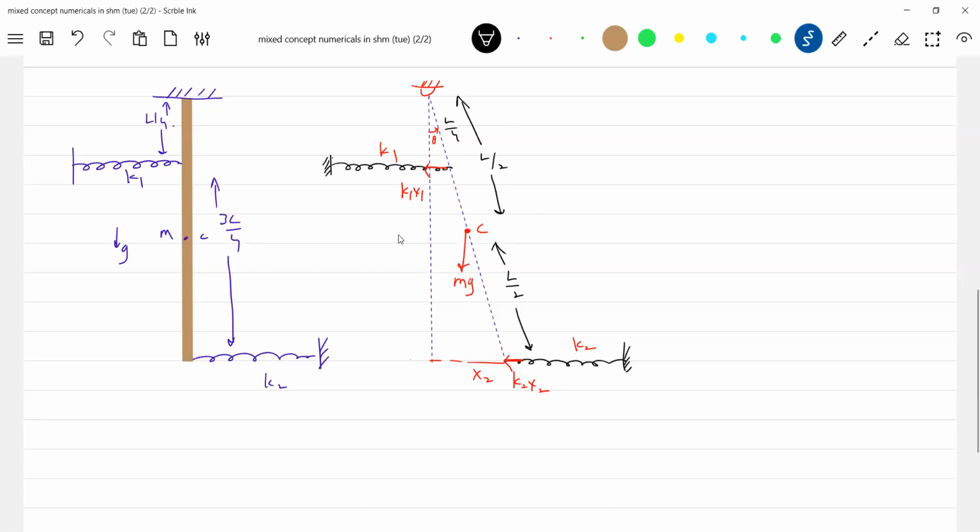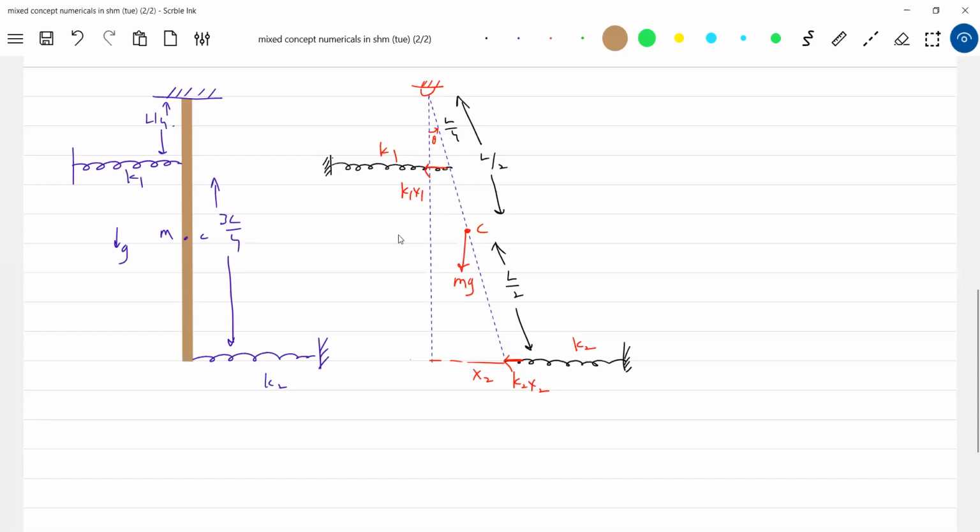I think this will be a better idea. See, this is not L. Now, once you rotate, when you tilt the rod through a small angle theta, this will become the length L. Getting the idea? So this is a lot of confusion. Students will try to take this as L. When the rod is vertical, this will become length L. So when you rotate, this will become length L.